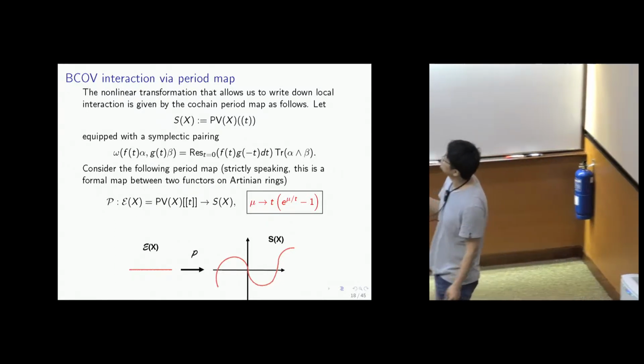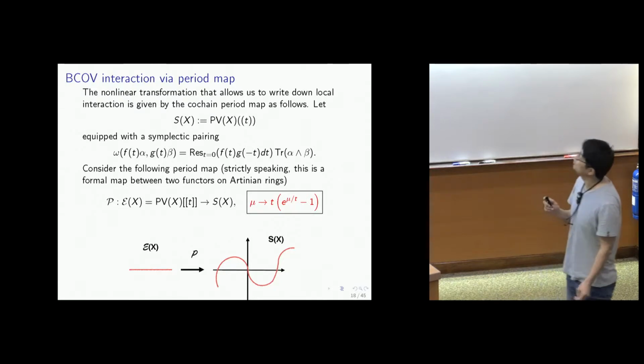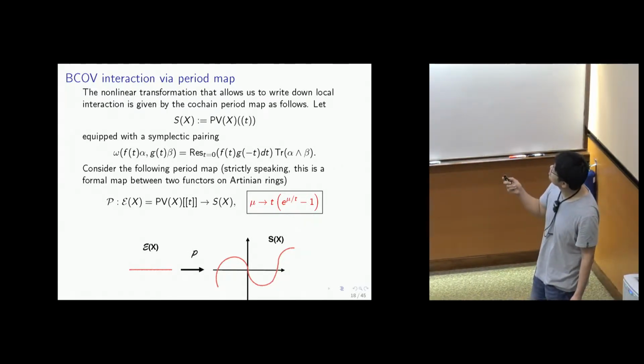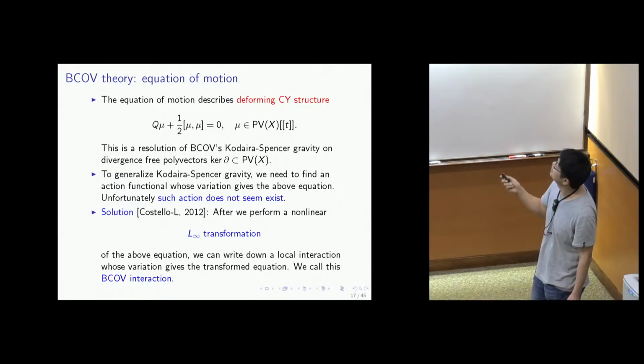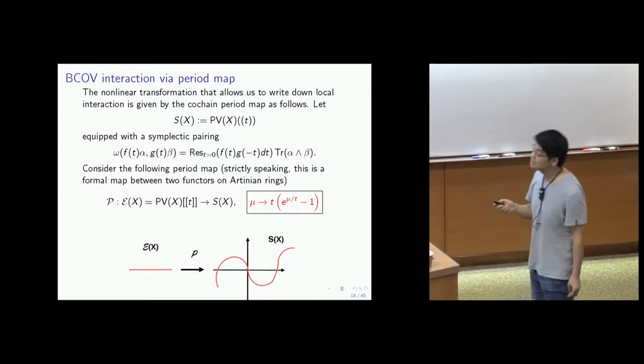But first of all, to explain this nonlinear transformation, I would like to explain the setup for these semi-infinite structures. So here you have the polyvector fields. Now you look at a bigger space: previously the fields were given by a formal power series in t, but now you enlarge it to a Laurent series.